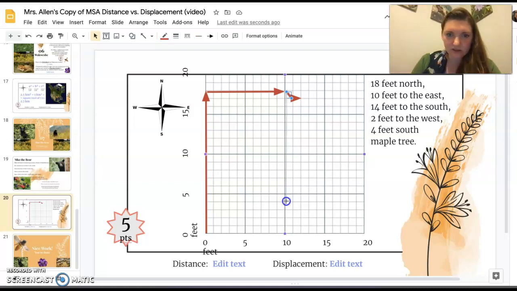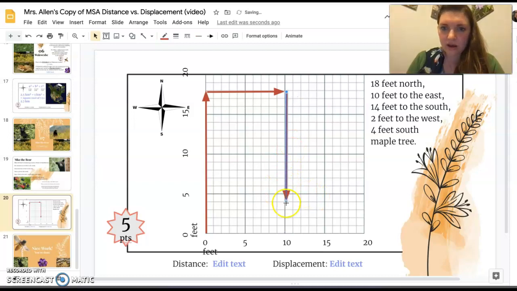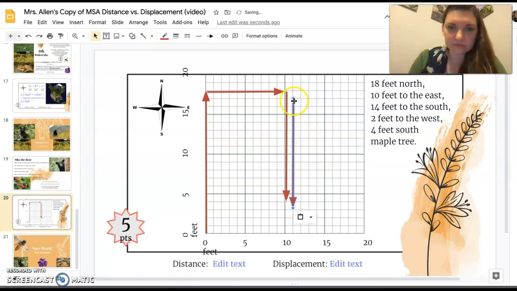Actually, I think it's right there. 2 feet to the west. And 4 feet south. So it looks like it'd be hard, but it actually is not hard.